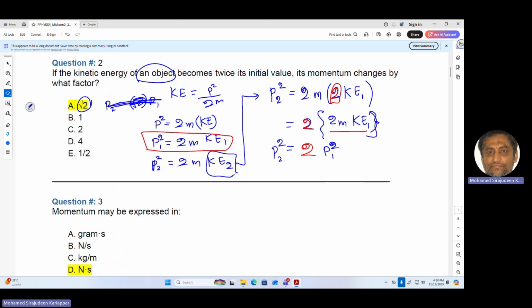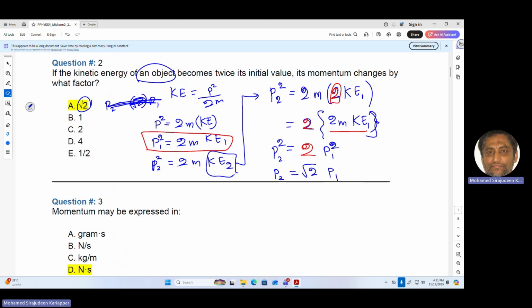You can get it here now. This is the relationship between P2 squared and P1 squared. But I want P2 and P1, not P2 squared and P1 squared. So you need to take the square root of this equation, both sides. So this will be P2, and this becomes square root of 2, and so P2 is square root of 2 times P1.